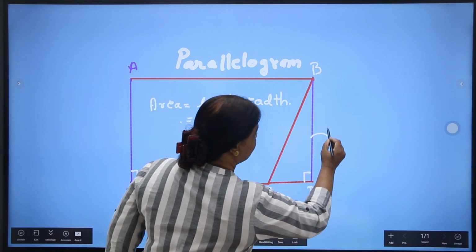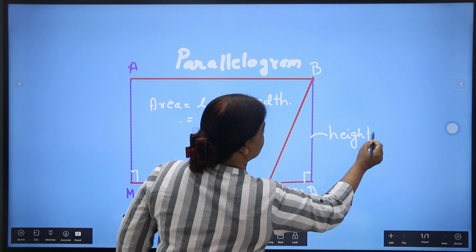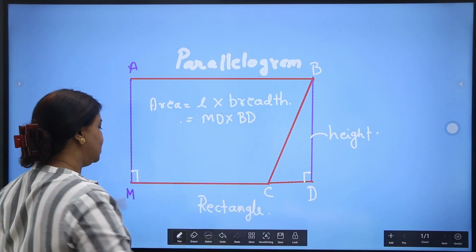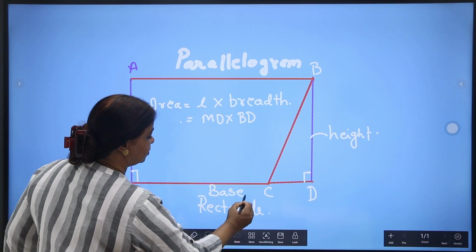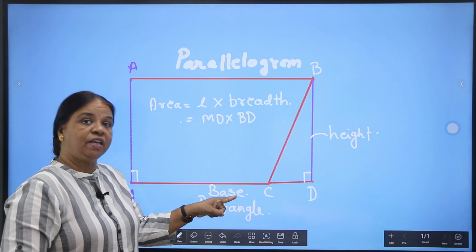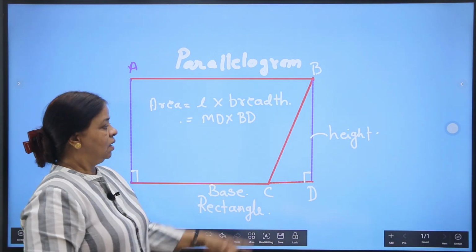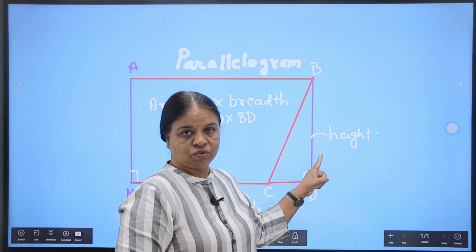BD is nothing but height and length is nothing but base, and this base was the base of the parallelogram and this height was the height of the parallelogram.